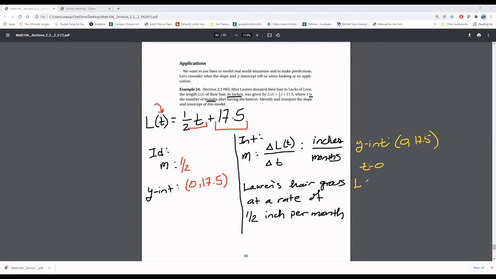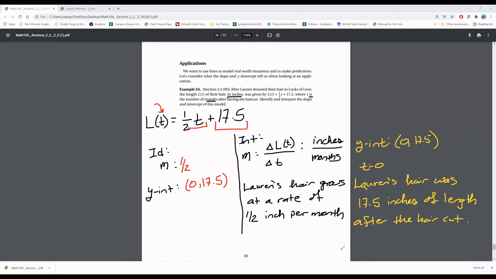I say that Lauren's hair, well, that must have been 17.5 inches in length when it was cut. Directly after her haircut, so right after it was cut. This is the length of her hair at time 0. Time 0 means right after the hair was cut.